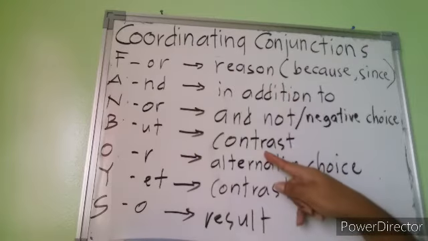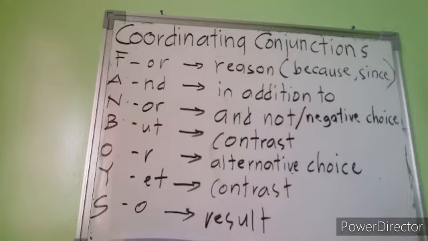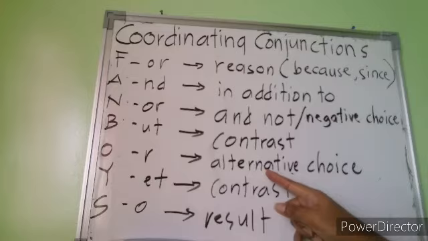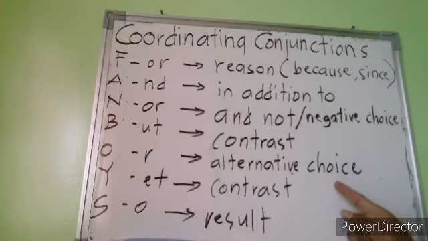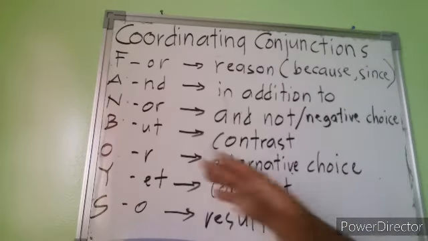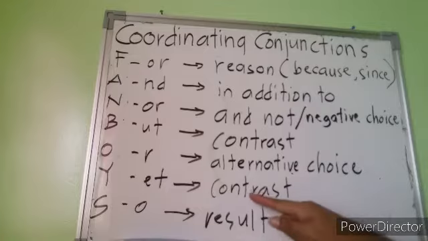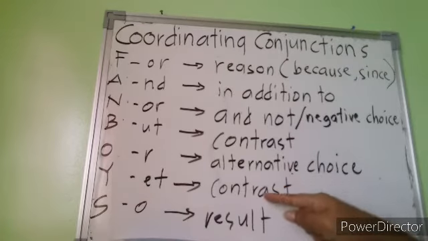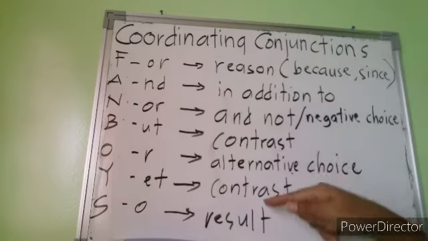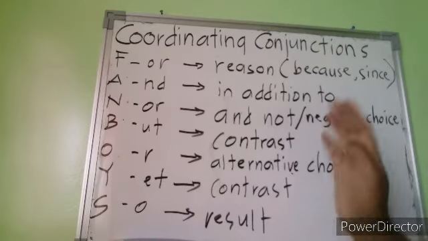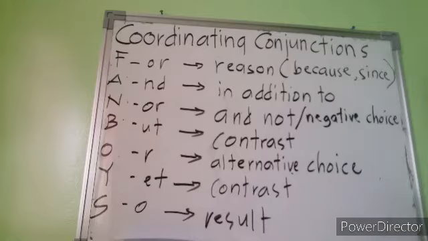But is of course a contrasting idea, an opposite idea: one is negative and the other is positive. Or is an alternative choice, A or B. Yet is contrast, similar to but. These are interchangeable; you can use either way. Later I will explain also. And then so is of course your result.